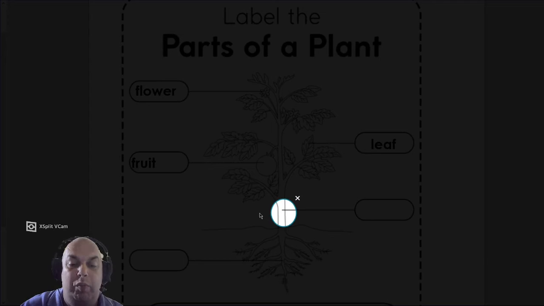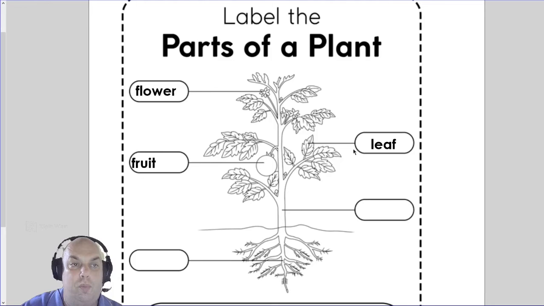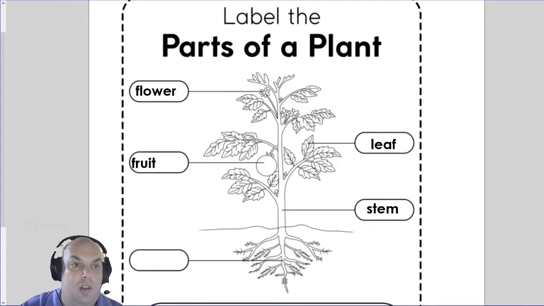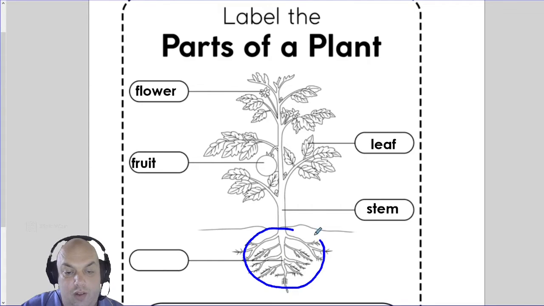Okay. And the next one is this part over here. This part of the plant is the stem. Yes, actually this whole part over here is the stem. Yes? Alright, now let's spell stem. S-T-E-M. Stem. Okay, and the last one is this one over here.